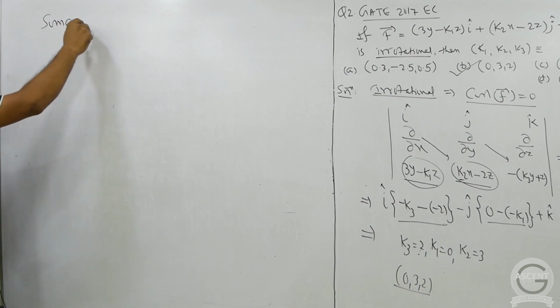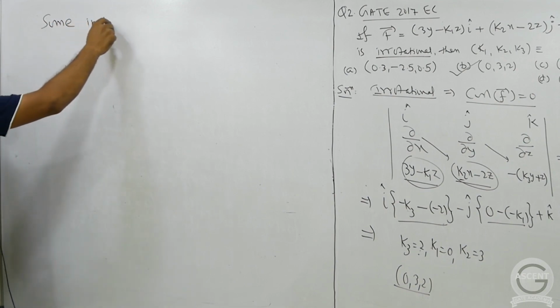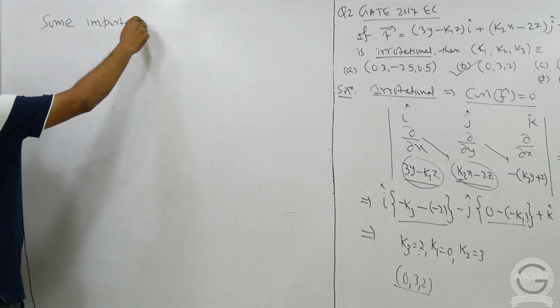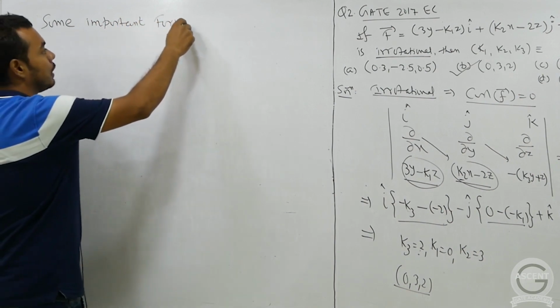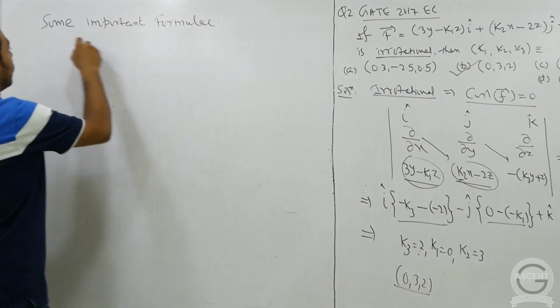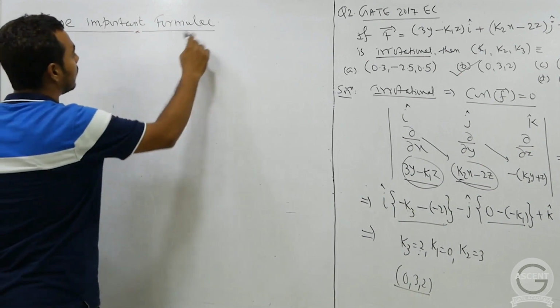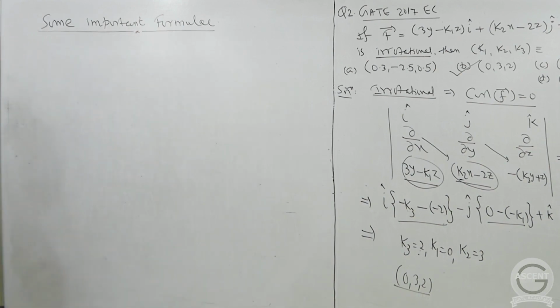Divergence and curl are calculated for a vector quantity. Divergence was the dot product of the del operator with vector f, and curl was the cross product of the del operator with vector f. Divergence was a scalar quantity, curl was a vector quantity.